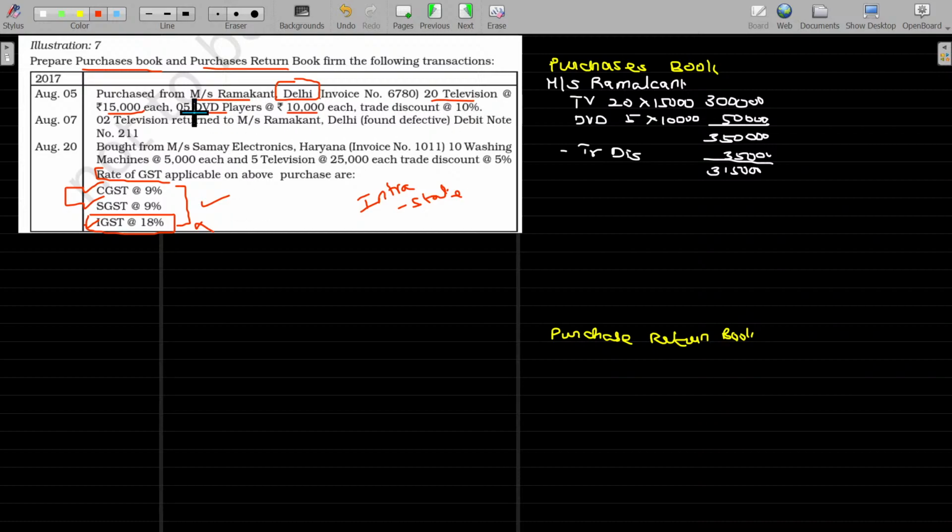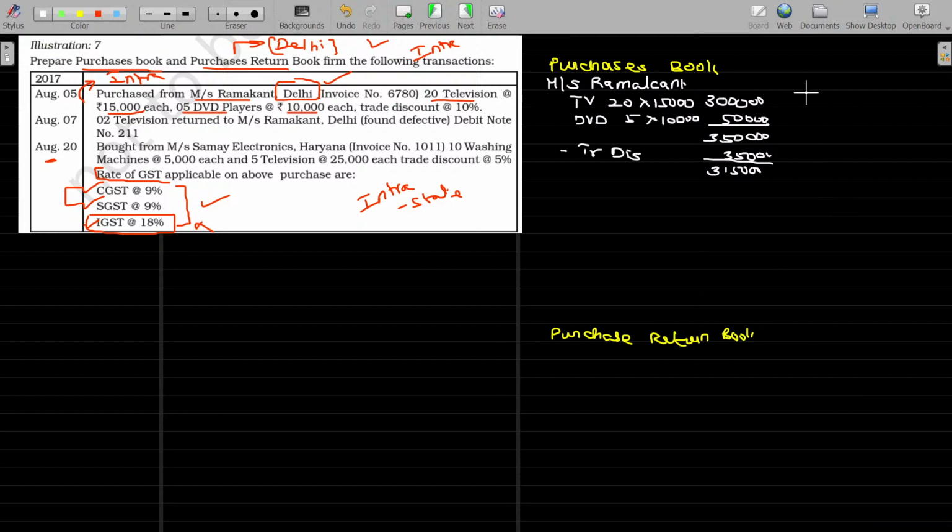Probably the first one, is there any information regarding that? Here we are working for a person of Delhi. That information is silent. That's the problem. So, the buyer is also Delhi, the person who supplies is also from Delhi, then this is intrastate. Intrastate means automatically we have to apply CGST and SGST, right?